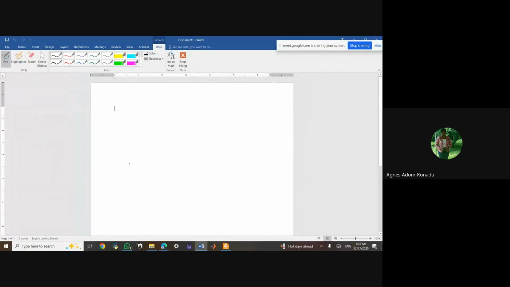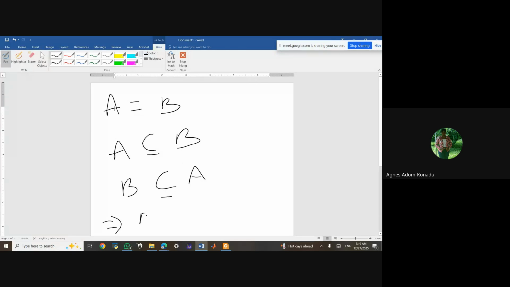So last week we said that if I have a set A which is equal to another set B, then it means that my set A is contained in B, and my set B is also contained in A. So if my set A is contained in B and my B is contained in A, then it means that A is equal to B, or B is equal to A.